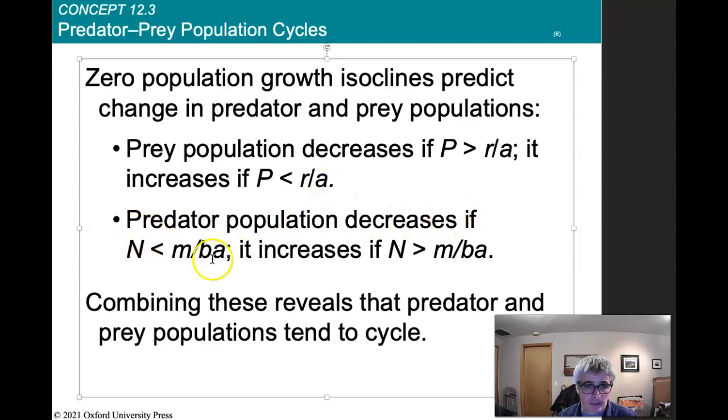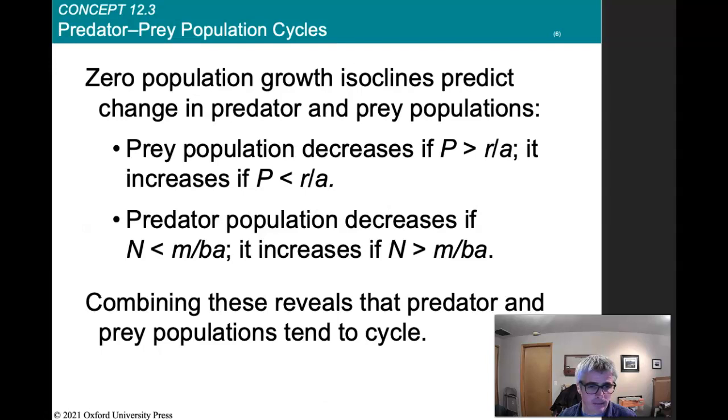A predator population decreases if the number of prey is less than mortality divided by our baby term, the efficiency at which prey are turned into baby predators, times the capture efficiency. And it increases if N is greater than the mortality rate divided by, again, the conversion rate of prey into baby predators times the capture efficiency.